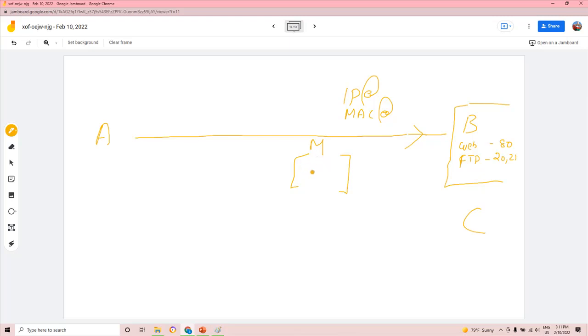Sorry, in the TCP header you should specify the destination port number. If the destination port number is 80, then this message will go to this program. Suppose if the destination port number is 20, it will go to this program.